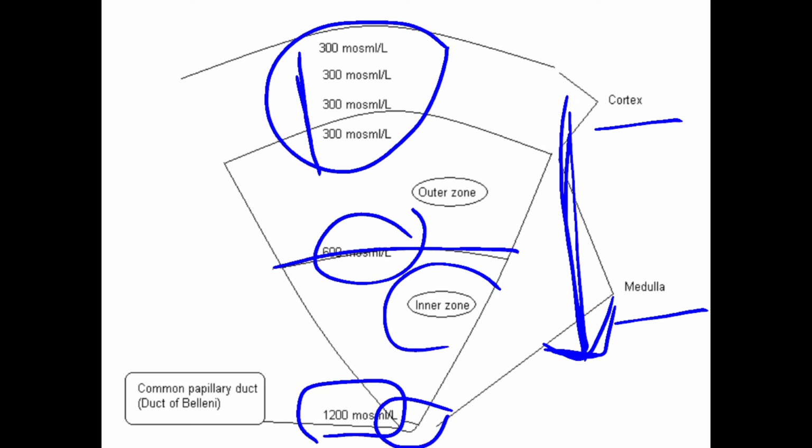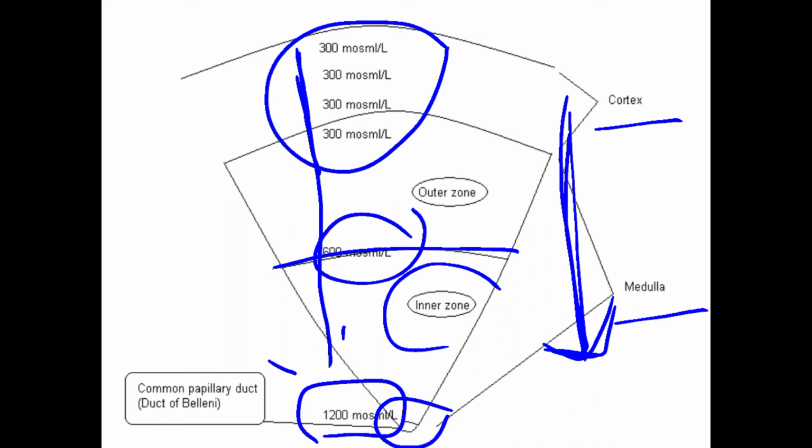That is very important for the operation of the counter current multiplier. The operation of the counter current system in the nephron is because there is a gradual increase in the osmolarity of the interstitium.